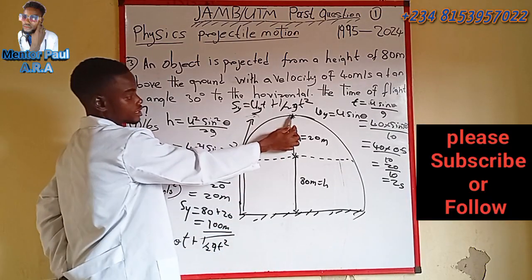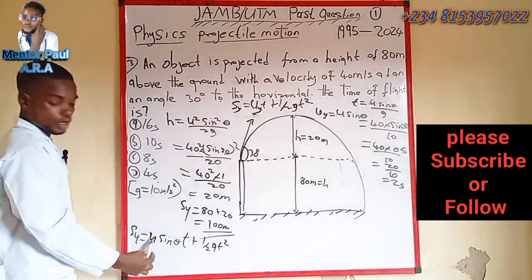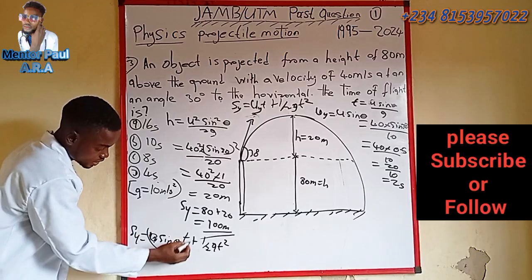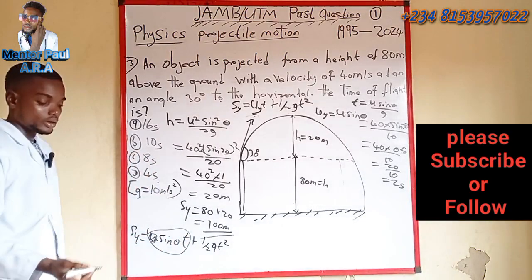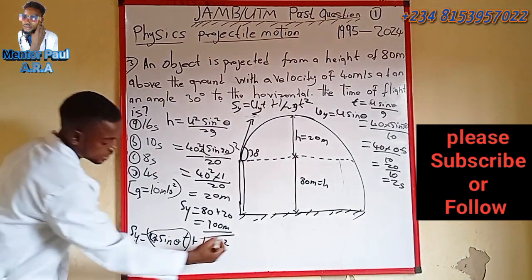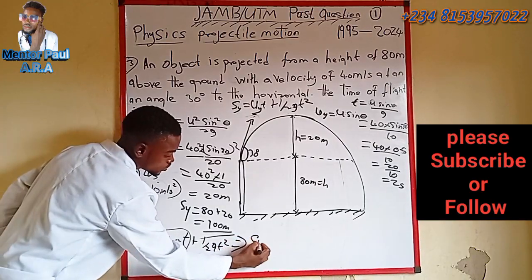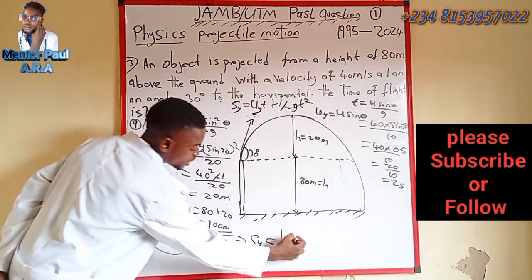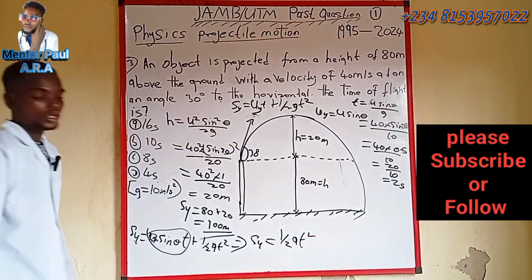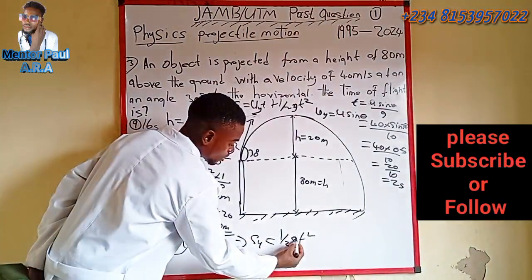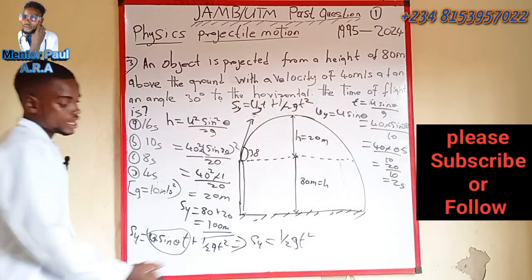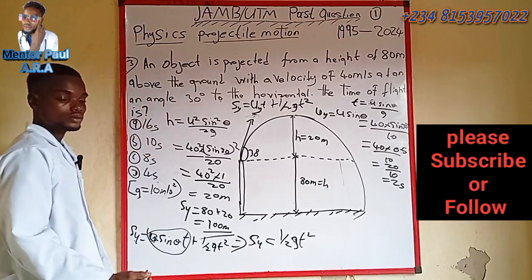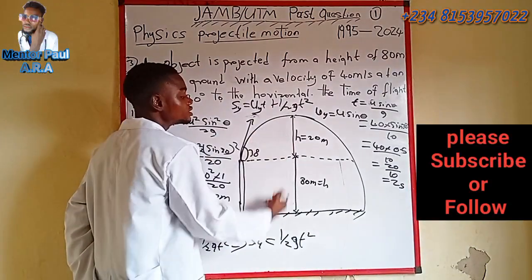Now, at maximum height, the velocity becomes 0. So if I plug in 0 here and multiply everything here with 0, it is going to go out. Hence, this vertical component, sy, is going to remain 1 over 2 at squared, whereby this a, I could remember, is g.